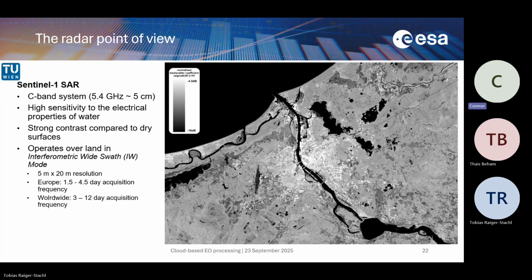Here in this image you see an example of Riga from the Sentinel-1 backscatter model that I showed you before.